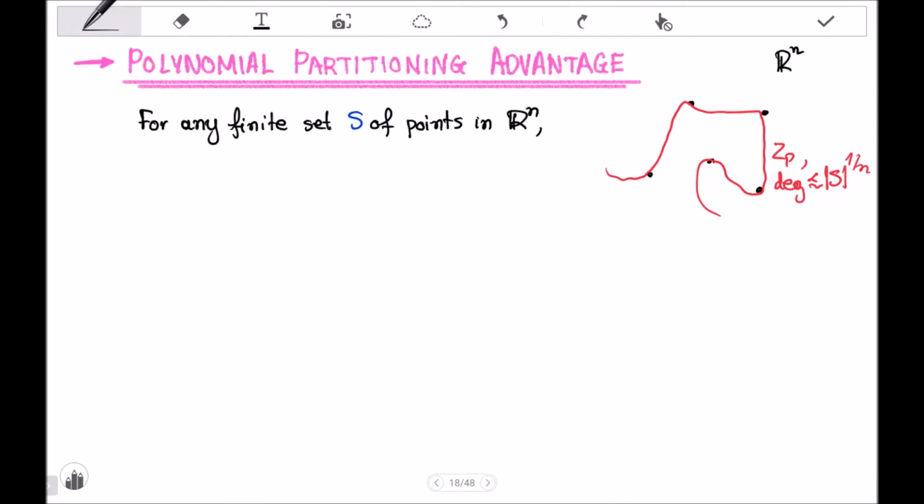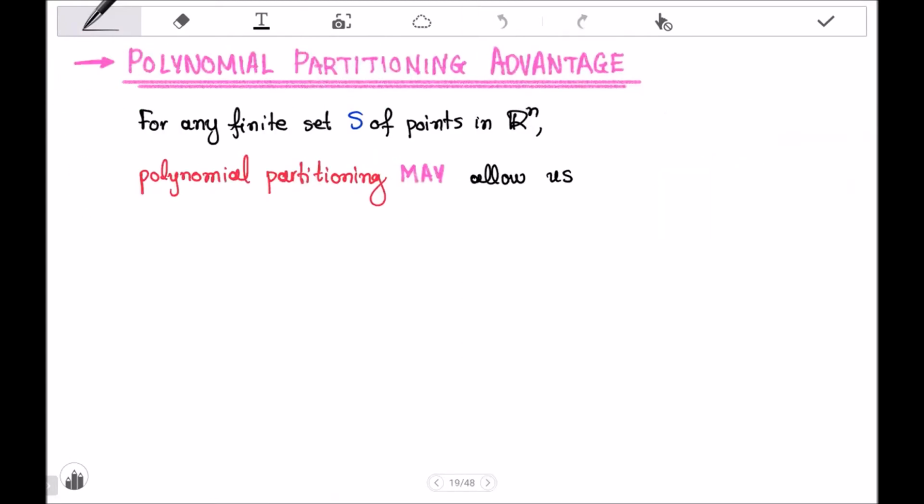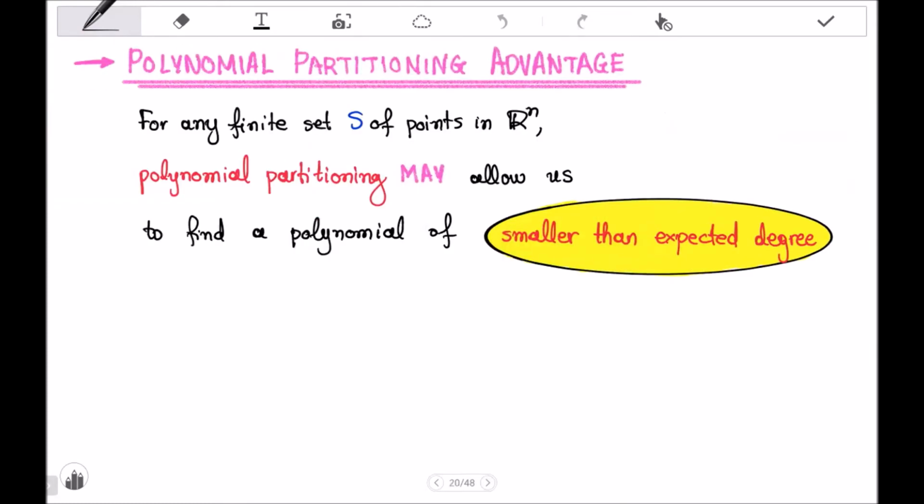And polynomial partitioning helps with that. So it may allow us, if we're lucky, if the problem works in some sense, to find a polynomial of much smaller degree than expected, doing what we want, vanishing where we want. And smaller than expected, I mean considerably smaller, hopefully, than the number of points to the 1 over n, which would come from parameter counting, and which doesn't take the structure of the points into account, only their cardinality.